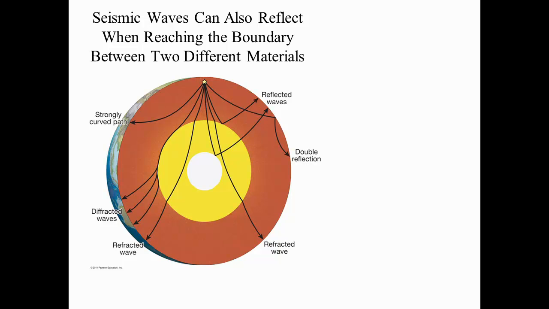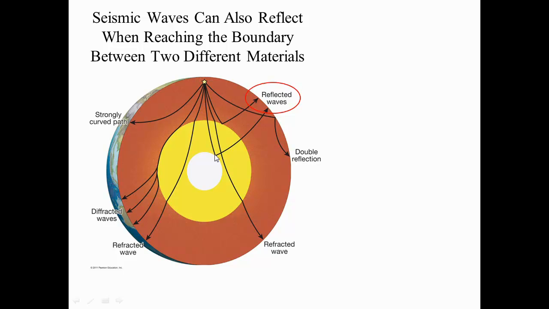Now seismic waves can also reflect when reaching the boundary between two different materials. For example, in the reflected waves shown in this particular diagram, one of these reflected waves is the result of bouncing off the boundary between the lower mantle and the outer core.